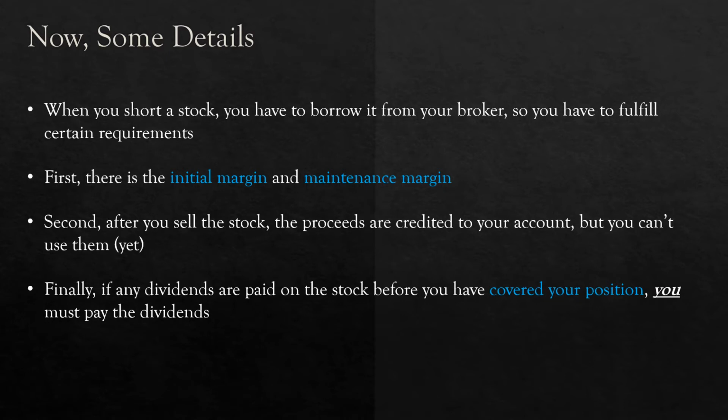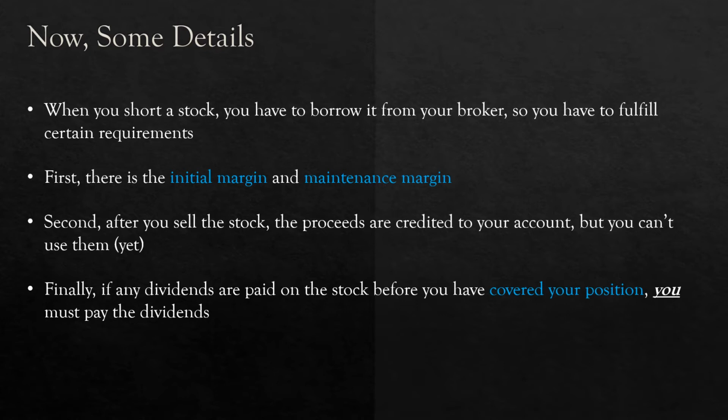So now some details. When you short a stock, you have to borrow it from your broker, so you have to fulfill certain requirements or obligations. First, like with margins, there is the initial margin, and then there's the maintenance margin. Second, after you sell the stock, the proceeds are credited to your account, but you can't use them yet.